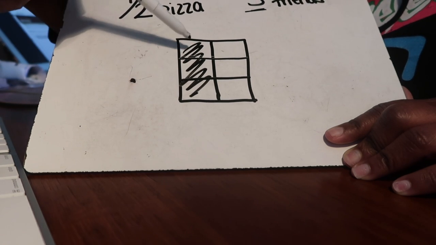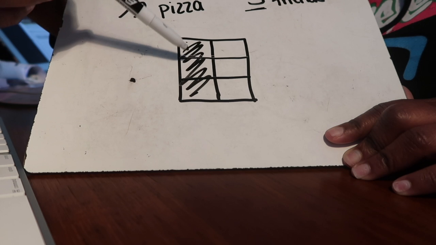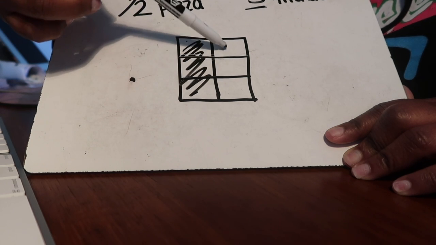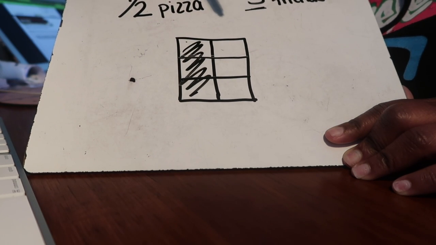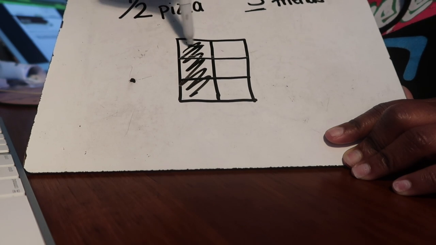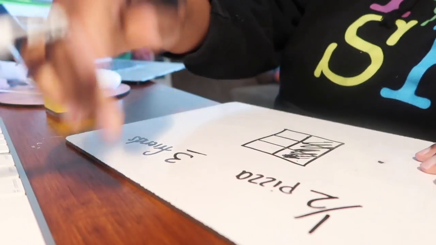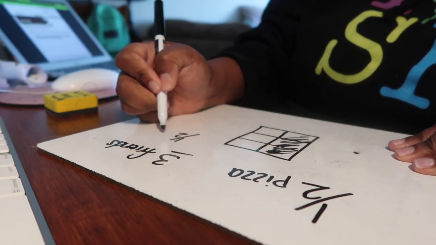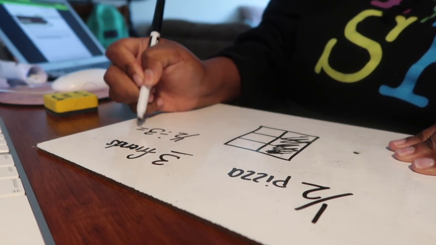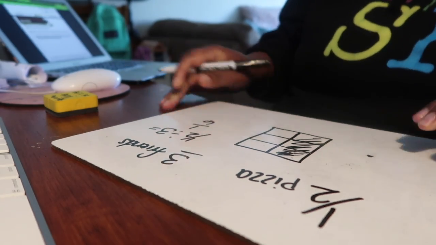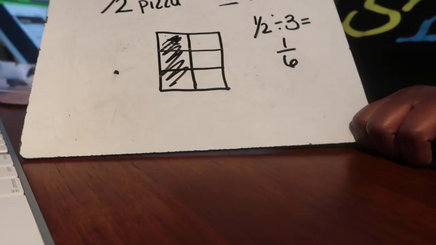Let's count to make sure. 1, 2, 3, 4, 5, 6. So now the pizza is divided into 6 parts. Each friend is going to get 1 of those parts. So that equals 1/6. So our problem, 1/2 divided by 3 equals 1/6.